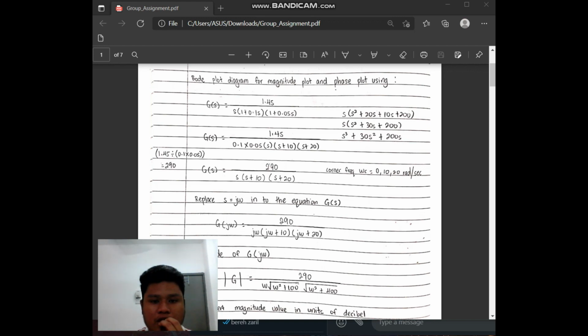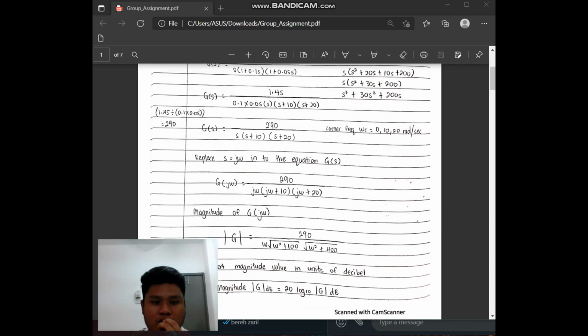Then for the s terms, we know that (s + 10)(s + 20) gives s squared + 30s + 200, so s cubed + 30s squared + 200s. Over here we will write s(s + 10)(s + 20).